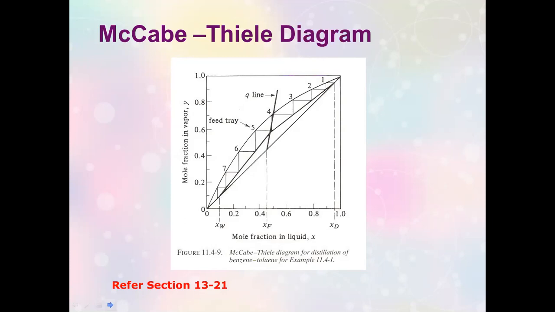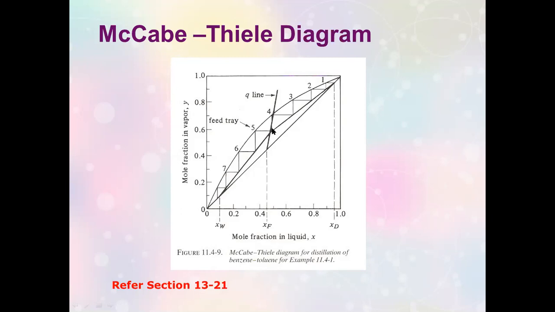As for where our feed tray should be, it's already pointed out here on the illustration. That is where your enriching section operating line and your stripping section operating line actually intersect. It's a change of location from your enriching section operating line to the stripping section operating line.